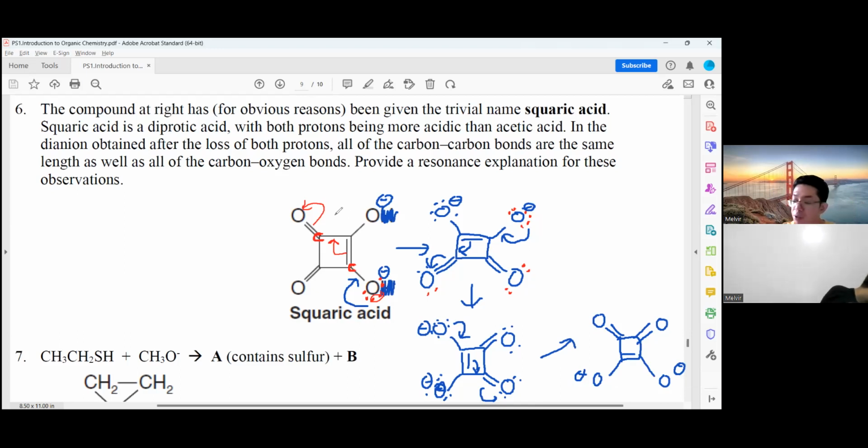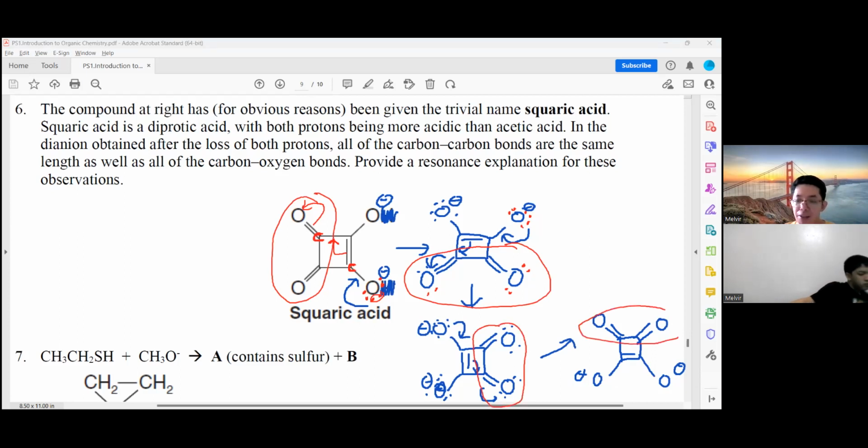So, if you will notice, Josh, your first resonance, your double bond O are on this side, no? Nasa left side. Tapos sa second mo, nasa baba. Tapos nasa right side and then nasa top side. Right? So, if that is the case, Josh, ano masasabi mo sa carbon-carbon bond and carbon-oxygen bond?